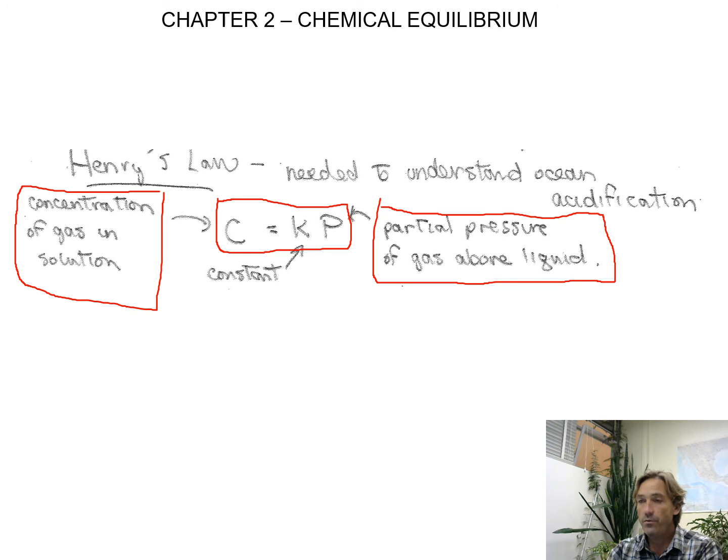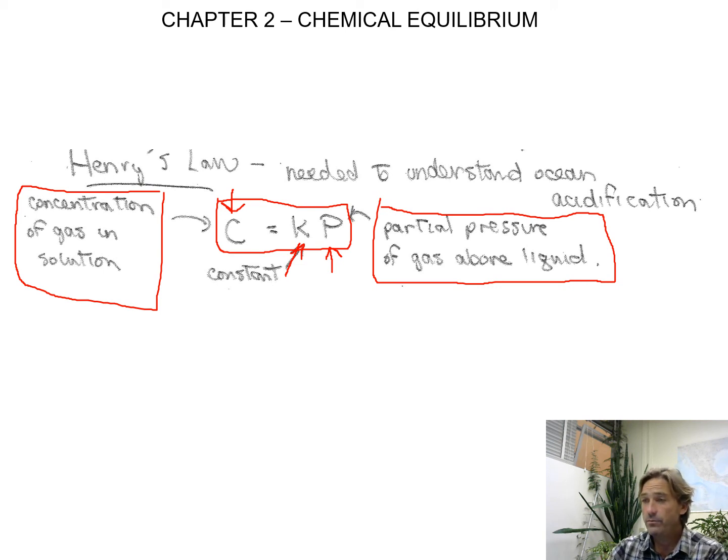And so the constants are determined experimentally. So these are just numbers that help relate the pressure of CO2 in the atmosphere, let's say, to the concentration of CO2 that we're going to find in some liquid.